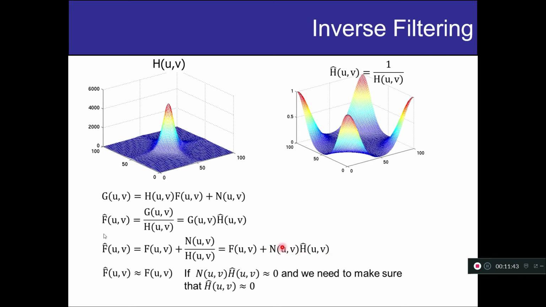This one cannot be controlled, because it's additive noise, it's a random number. This one you can control. If you want to make sure this thing becomes very small, then this one should be very small.